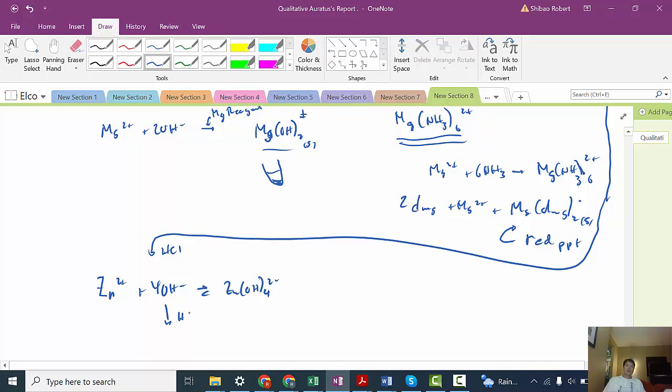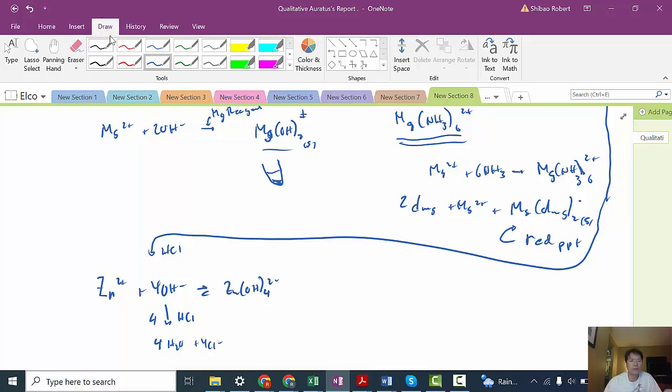All right, the HCl is going to remove the hydroxide here. So there are different ways we could do it. We'll just do 4 HCl's. This is going to form 4 H2O's plus 4 chlorides. There are different ways we could set this up, but this is one of them.